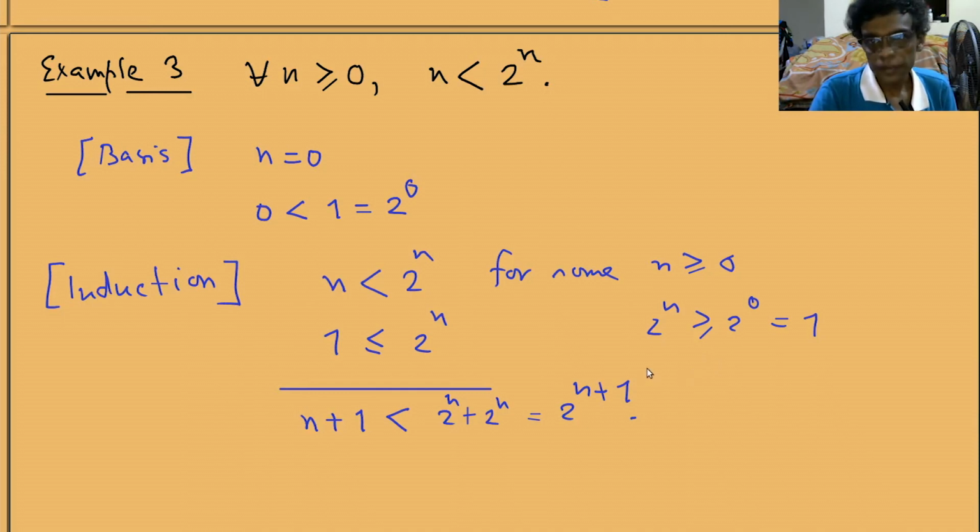Okay, so once again it's a very simple inductive proof, but it will lead to a very important conclusion. Finite sets are strictly smaller than their respective power sets. We will prove this also for infinite sets. Actually, our proof will hold for any set, finite or infinite. But that will come a little later down the course.